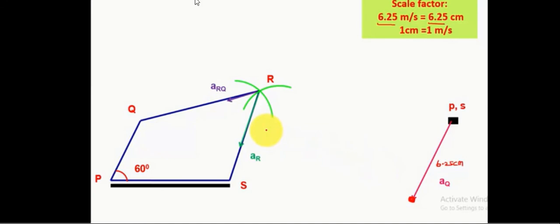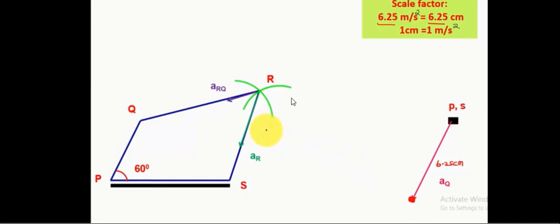For this you can write the scaling as: 6.25 meter per second square will represent 6.25 centimeter. So 1 centimeter will represent 1 meter per second square. That is the acceleration scaling factor you can take. That is the easiest one, because 6.25 meter per second square is the known acceleration that we have. From that you can scale the others.